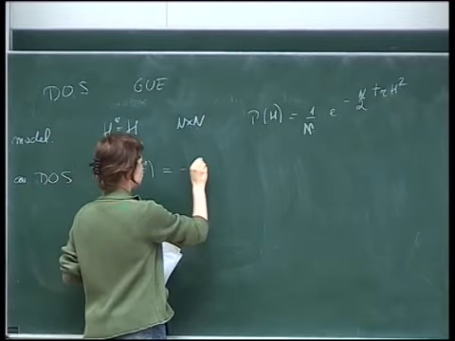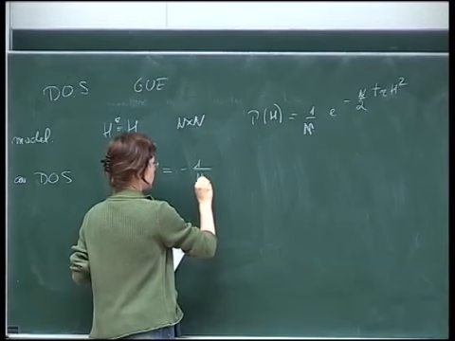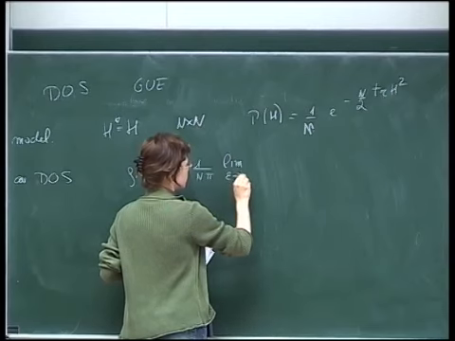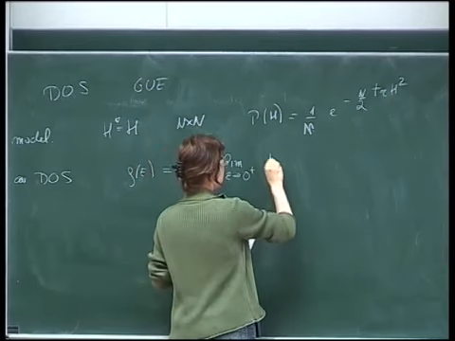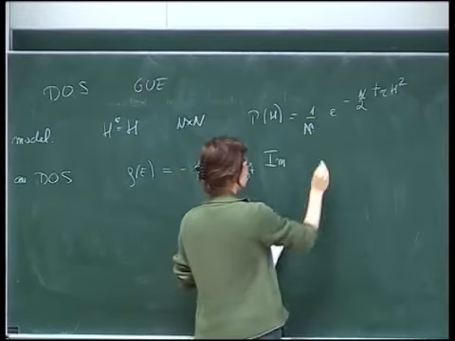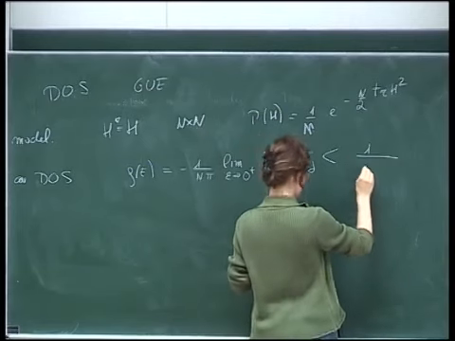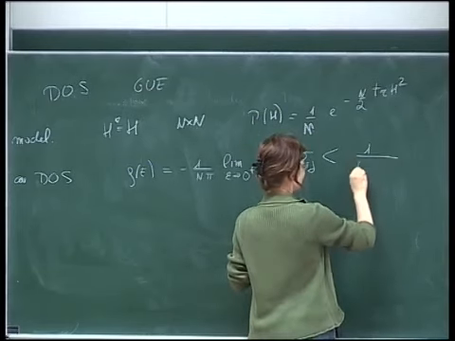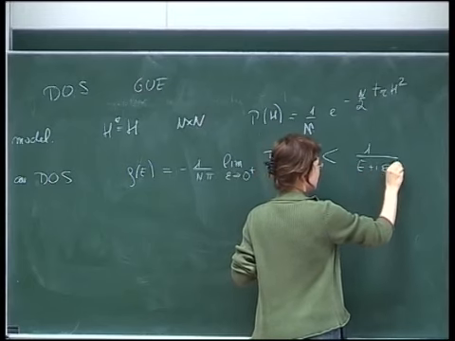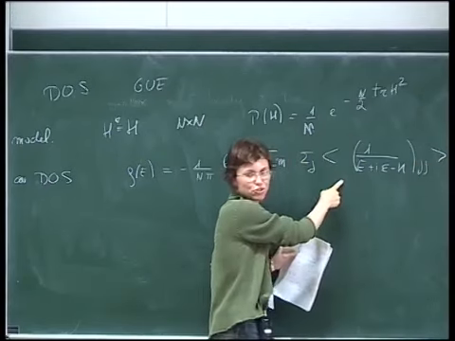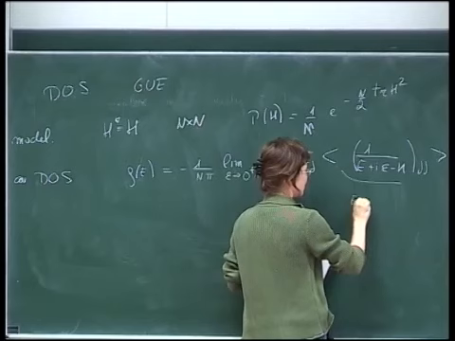This is defined as 1 over n times the imaginary part of the sum over j of the average of the inverse. Is this notation clear?